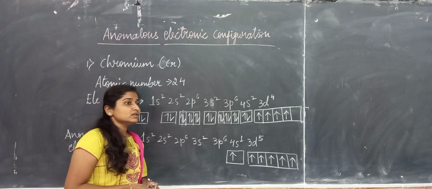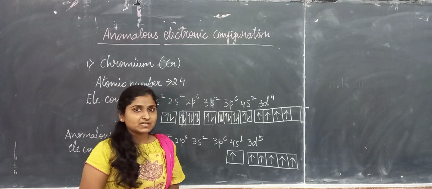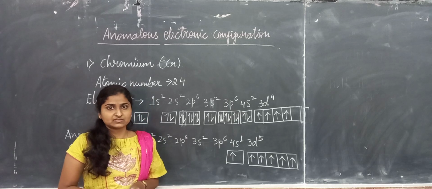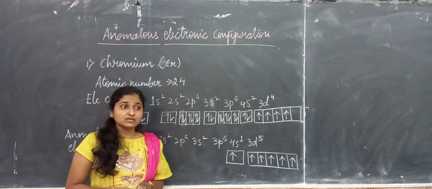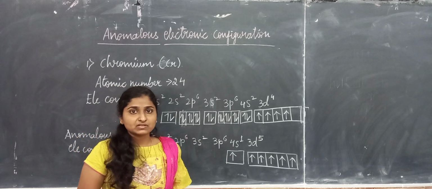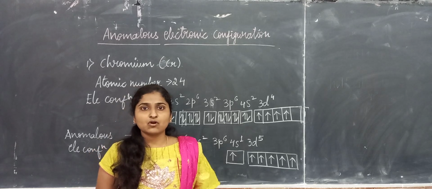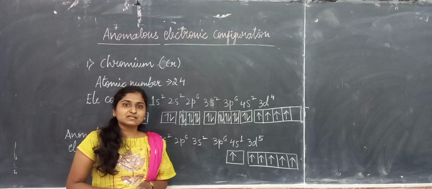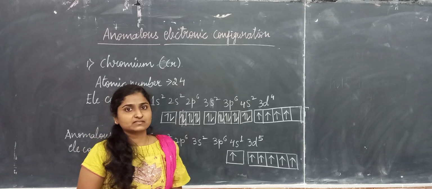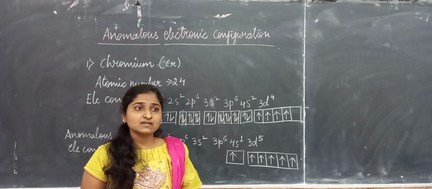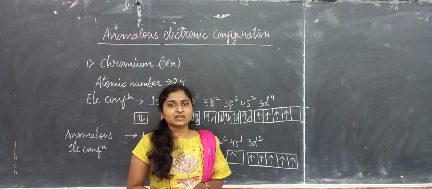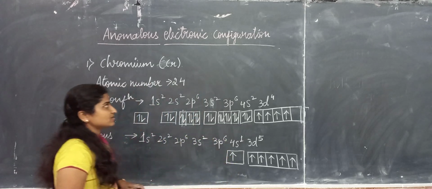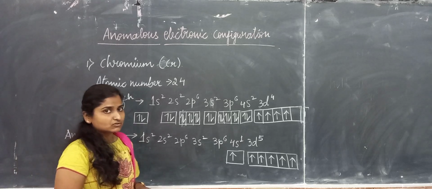We know that electrons are distributed into various atomic orbitals according to Hund's rule, Pauli's rule and the Aufbau principle. But in certain cases there arises an exception. In some atoms we see exceptions due to 2 reasons. One is electron-electron interactions.